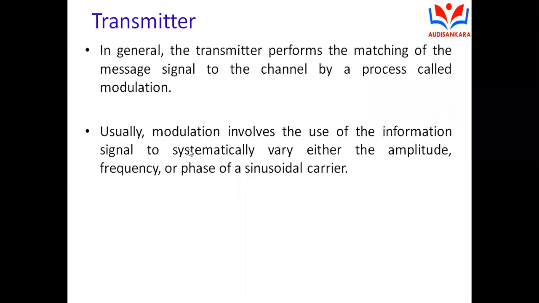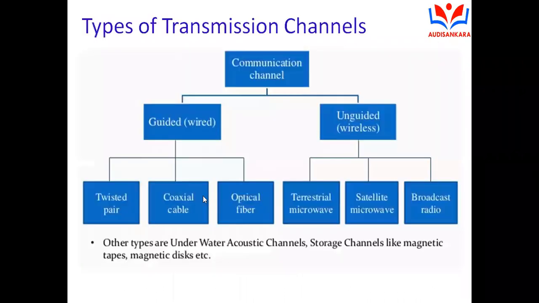Modulation involves the use of the information signal, meaning the message signal or input signal, to systematically vary either the amplitude, frequency, or phase of a sinusoidal carrier. These are the parameters: frequency, amplitude, and phase. Based on that, the modulations will appear.